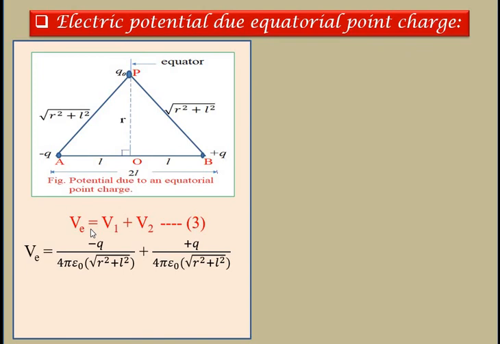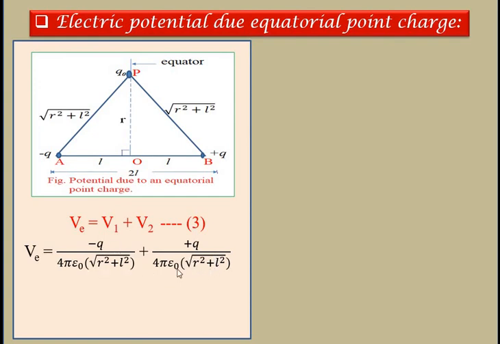The value of V1 is equal to minus Q divided by 4 pi epsilon 0 into under root R square plus L square, plus the value of V2 is equal to plus Q divided by 4 pi epsilon 0 into under root R square plus L square.